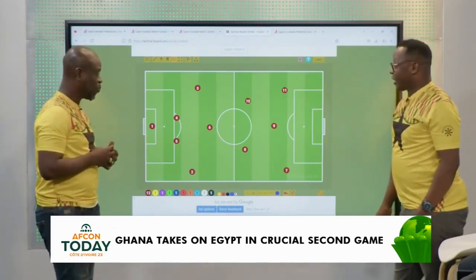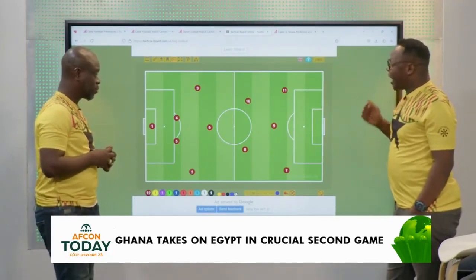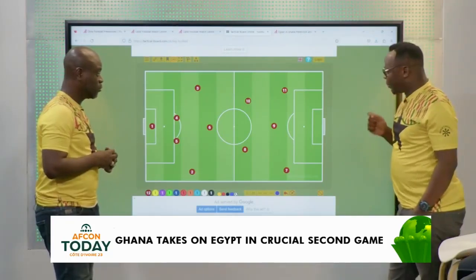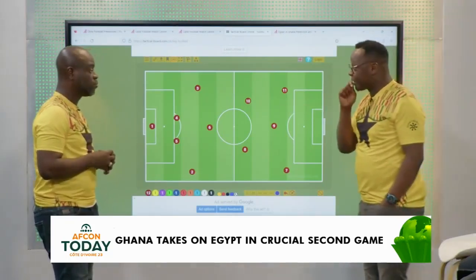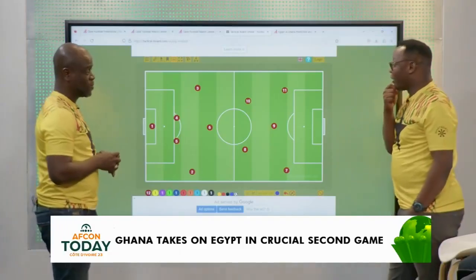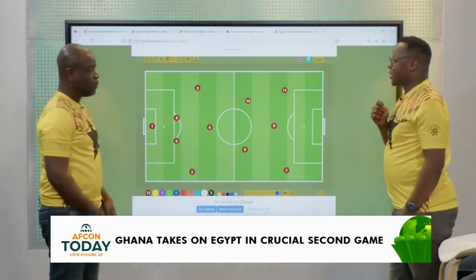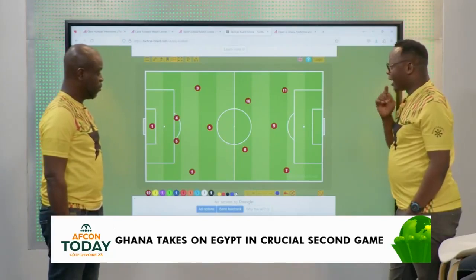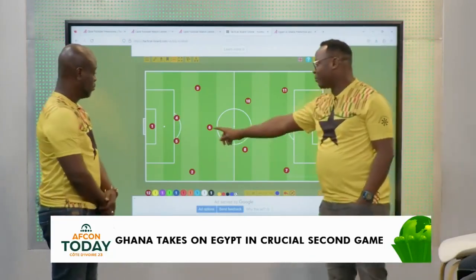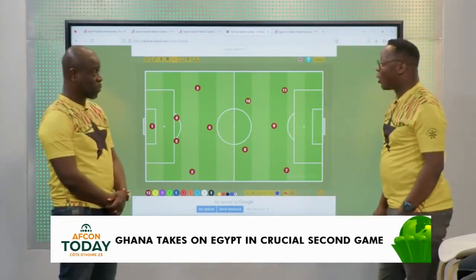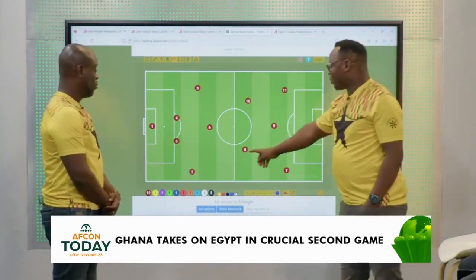Okay? I think in order to dominate that midfield and cut the passing lanes that you talked about, we need a fiercely competitive midfield. And that's why I'm going with Salis. I think Baba is rather a bit too slow. I'm going to go with Majid Ashimeru.